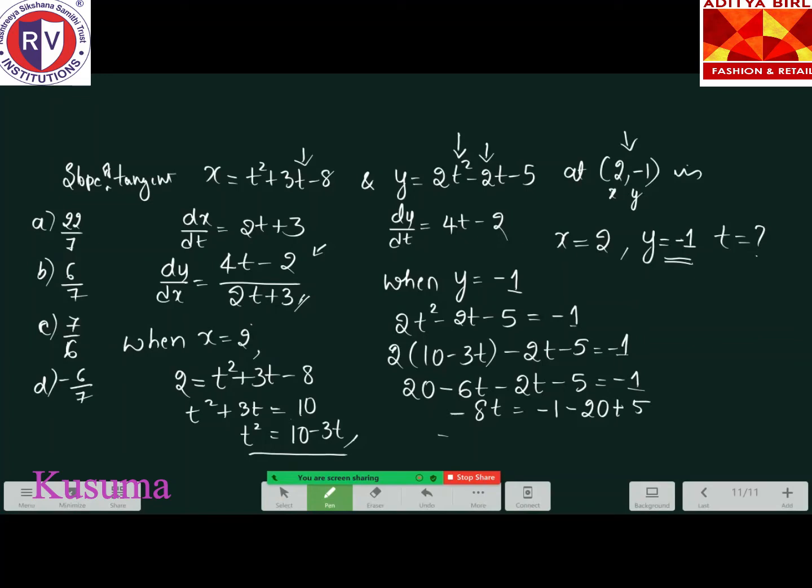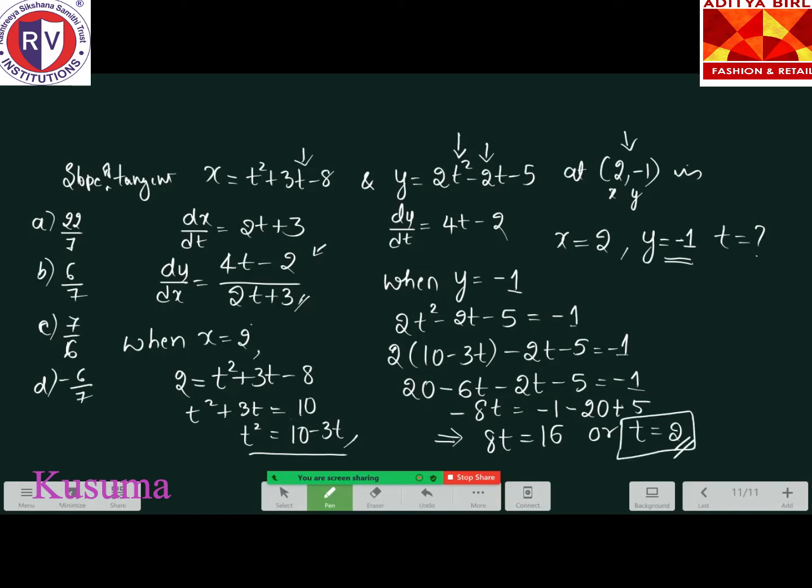Or we get 8t equals 16, or t is equal to 2. So when x is equal to 2 and y is equal to -1, the value of t is 2.